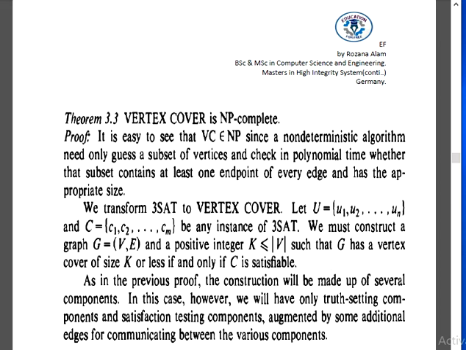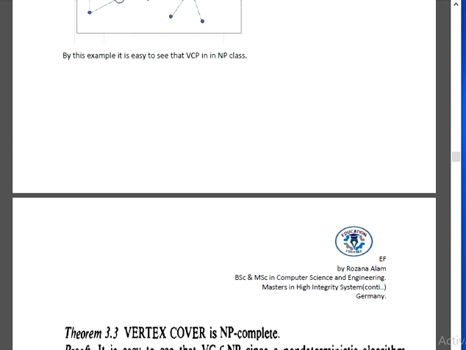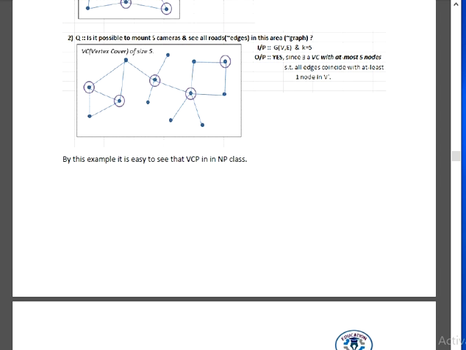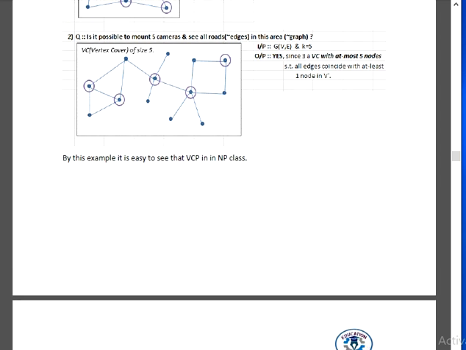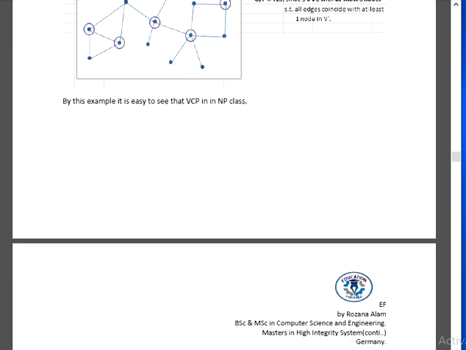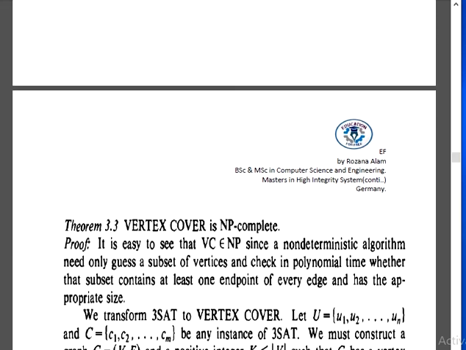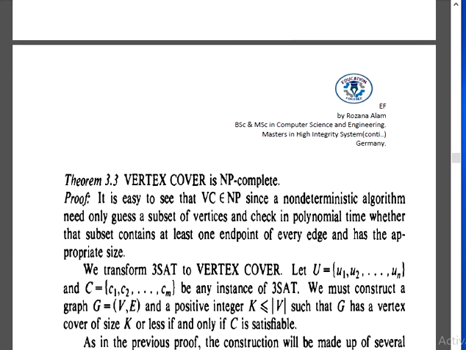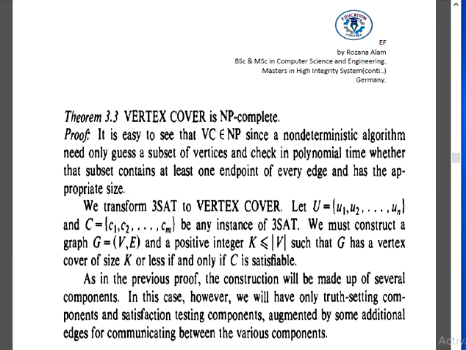In the second example, K equals 5 and the cardinality of B prime is 5, and that covers all the edges. This checking is possible in polynomial time, so the vertex cover problem is in class NP.